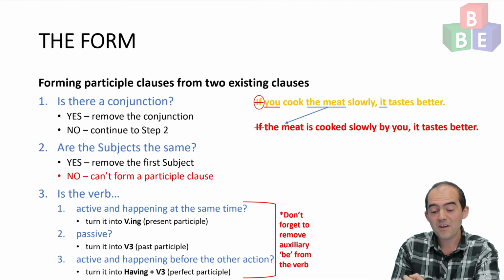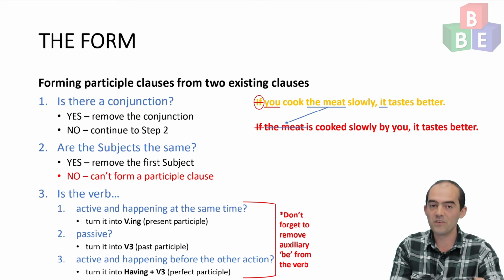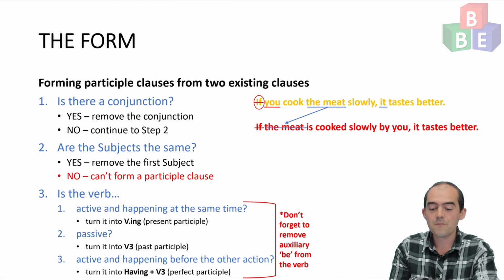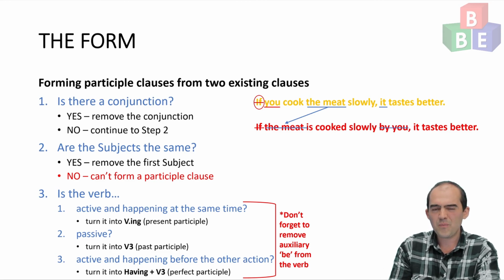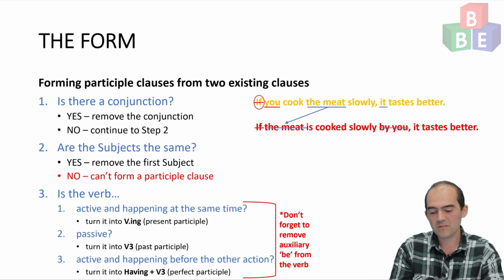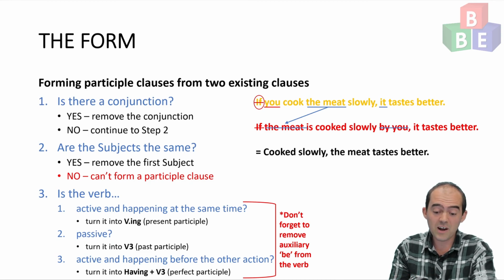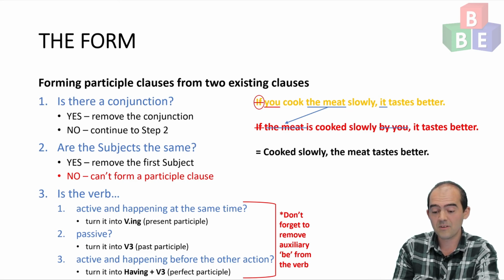So now the meat and it are the same, so I can remove the meat from my first clause, and obviously later I will change it to the meat. I can also remove by you because it's obvious we don't always need to use by plus agent in passive voice. And then I can remove the be, and what do I have? Cooked slowly, the meat tastes better.